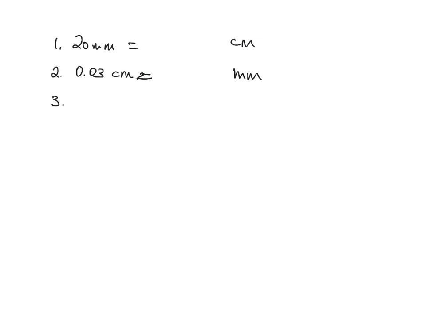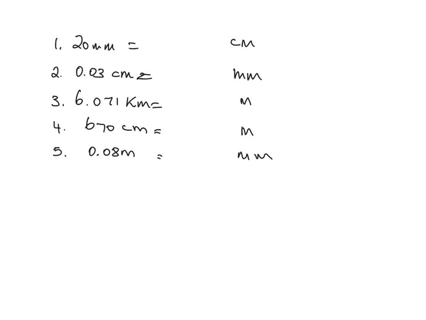Number 3, let's say we have 6.071 kilometers, and let's transfer that into meters. Number 4, we could use 670 centimeters. Let's express that in meters. And last one, let's do 0.08 meters, and we'll transfer that to millimeters.